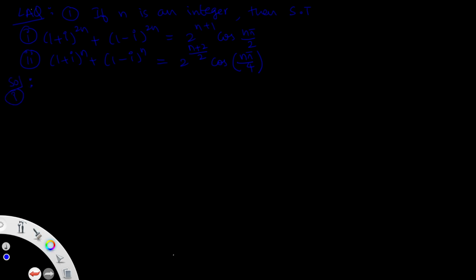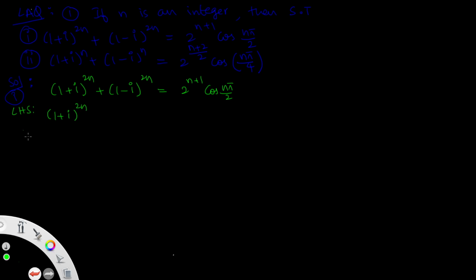First bit solution. To prove (1 plus i) whole to the power of 2n plus (1 minus i) whole to the power of 2n equals 2 to the power of n plus 1 into cos n pi by 2. Consider LHS, (1 plus i) whole to the power of 2n.